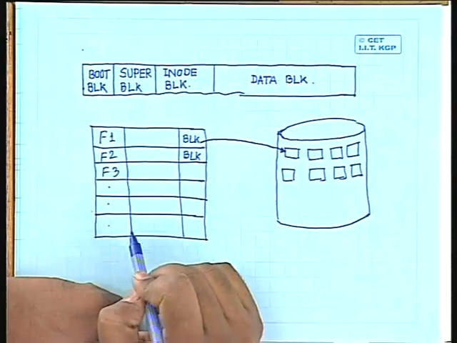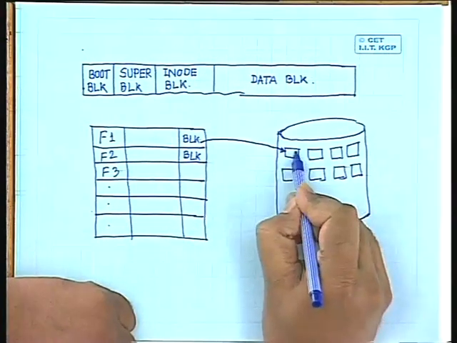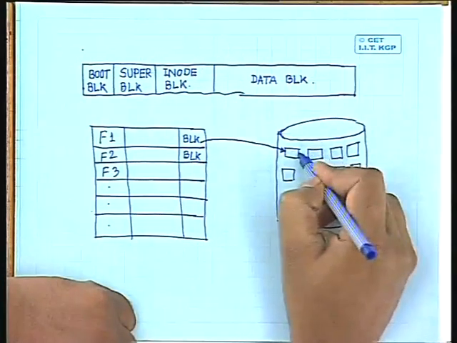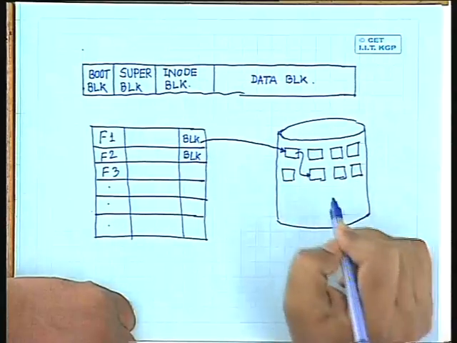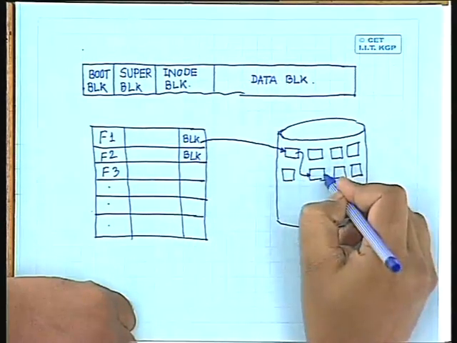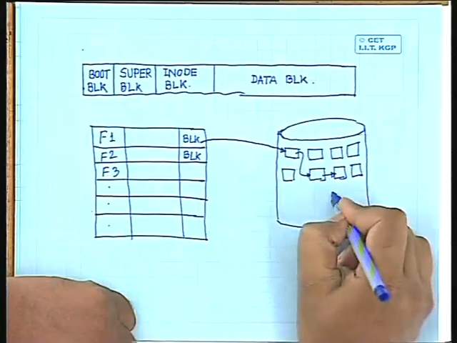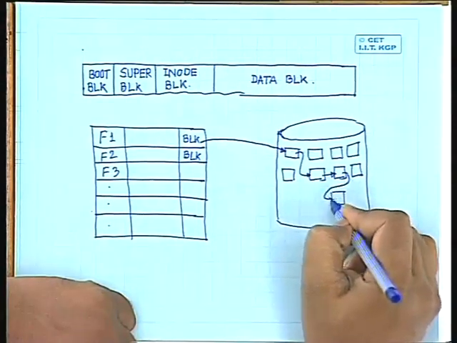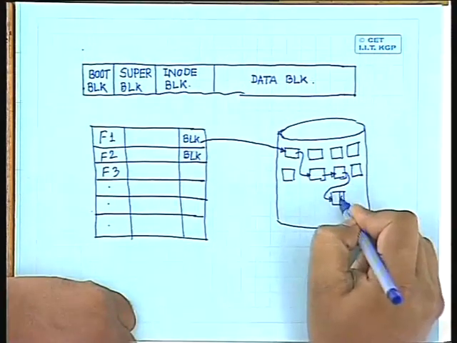Then the address of the next block which contains the same file data will be put as a pointer in this first block itself. So this first block can have a pointer which points to the next block containing the file data. Again, this can have a pointer which points to the next block, and this can also have a pointer which points to the next block containing the file data. And the last block will have a null pointer.